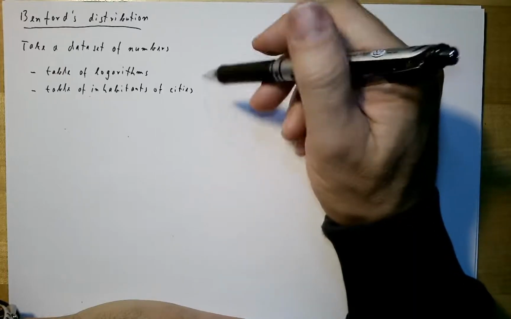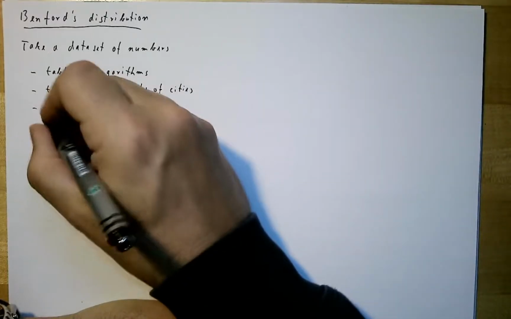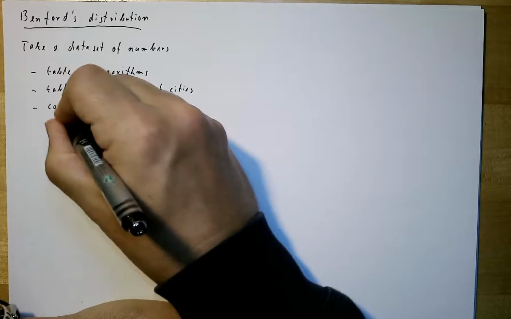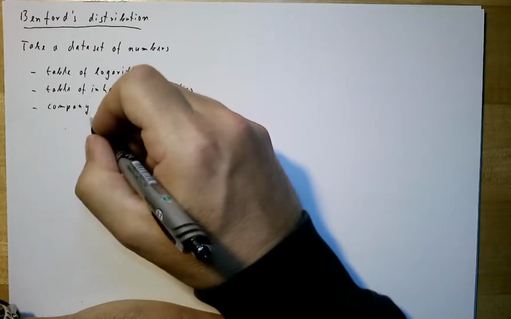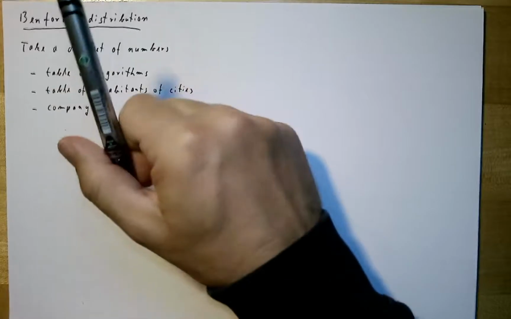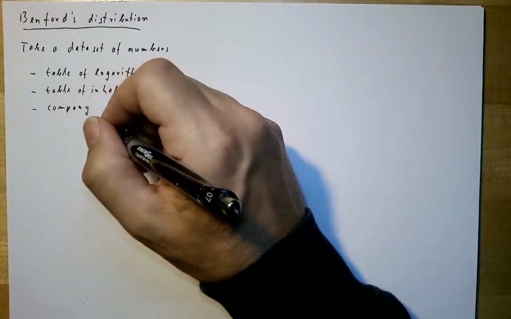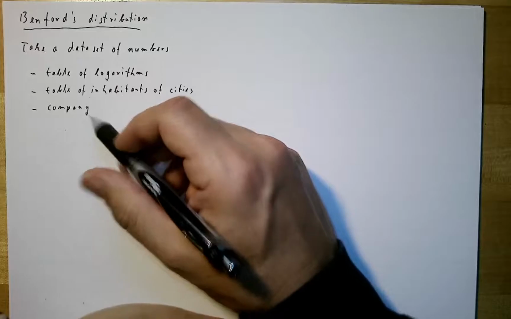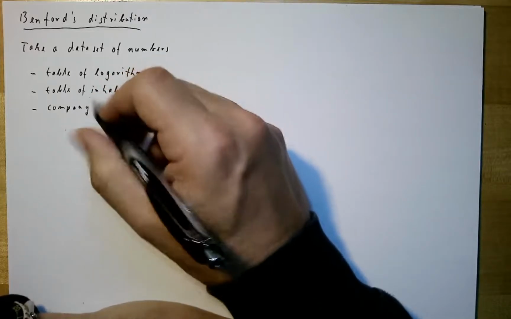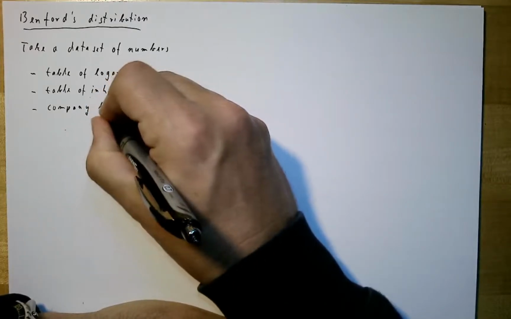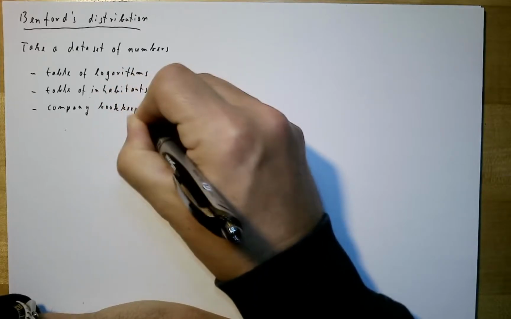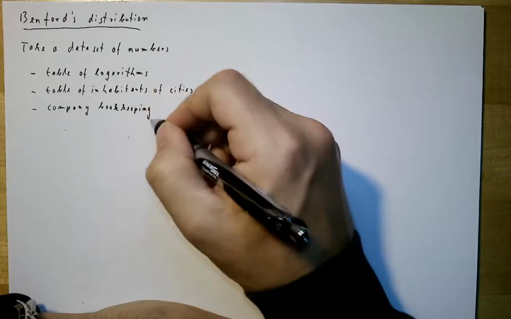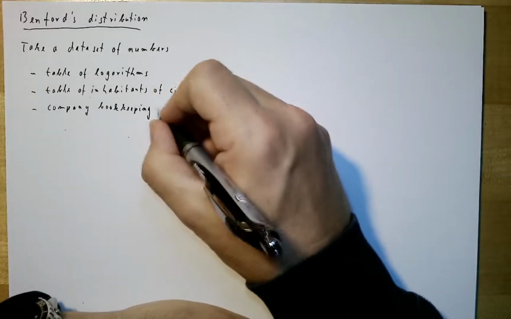Or you could have a company, and you could have the numbers in the bookkeeping, in German Buchhaltung, or it's called accounting.